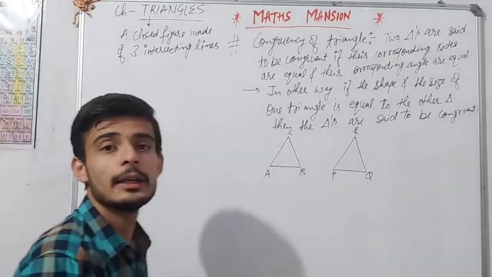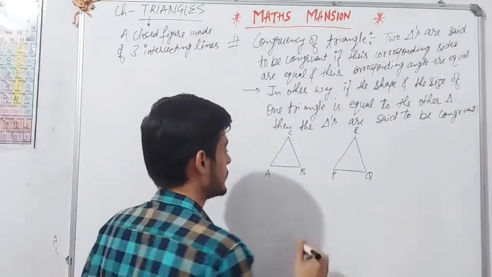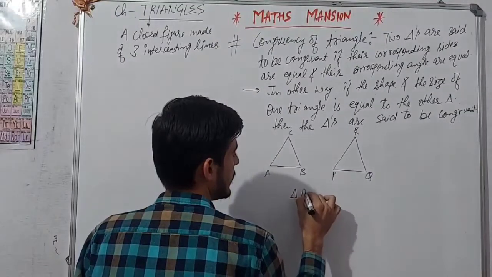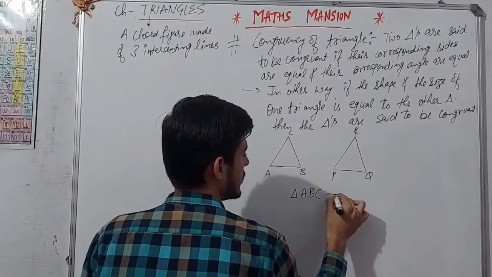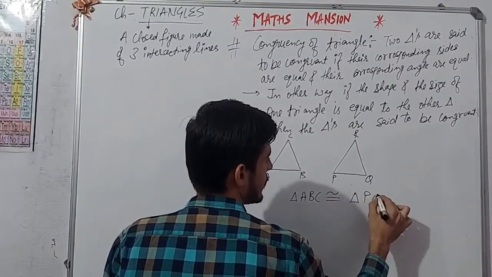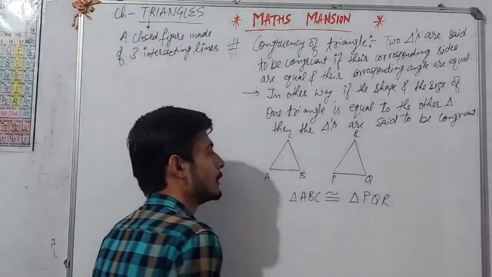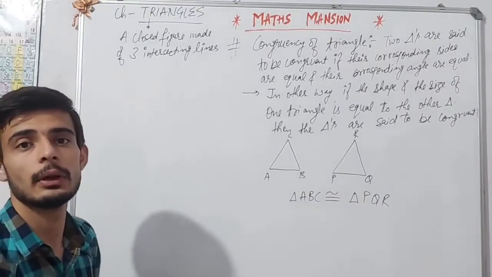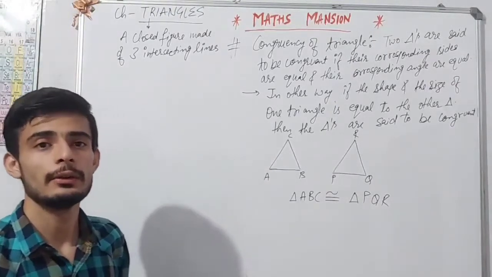And symbolically, we can write it as triangle ABC is congruent to triangle PQR. So this is all about the congruency of triangles.